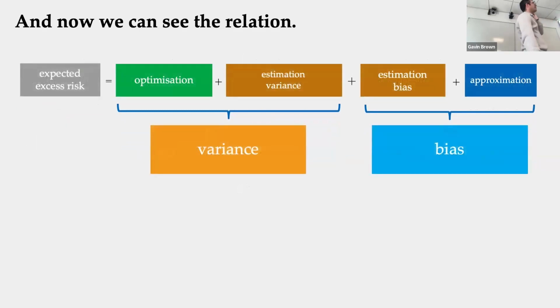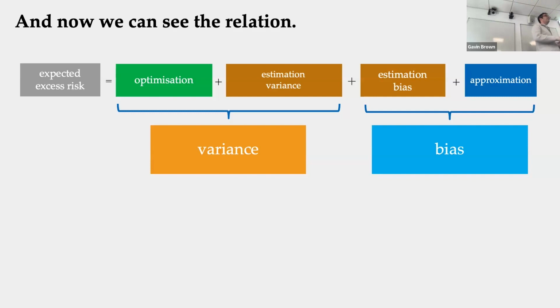So the expected excess risk. One way of looking at it, it breaks it into the bias variance decomposition, and another way of looking at it breaks it into these three components: the optimization, estimation, and approximation error. As I said, in every textbook, we talk about the bias variance trade-off, one term going down, one term going up.